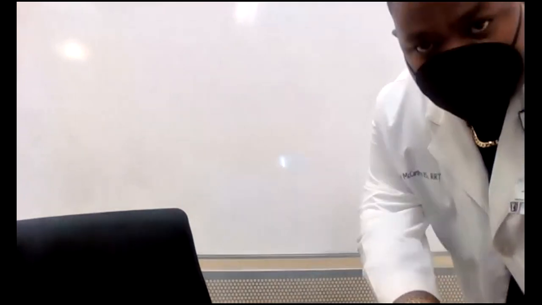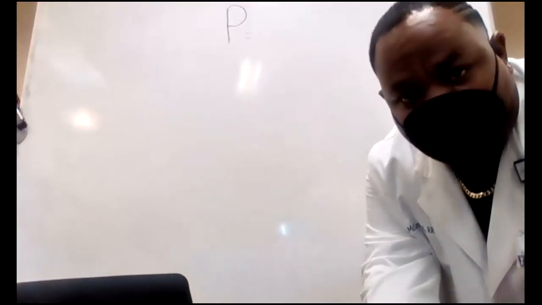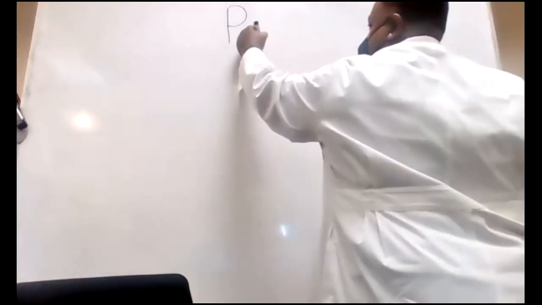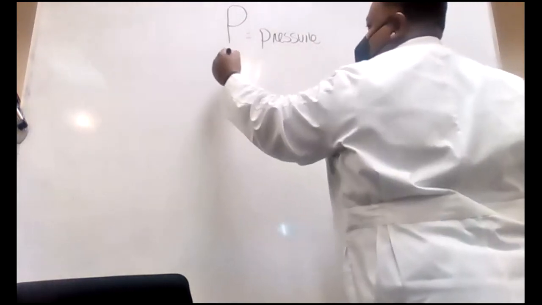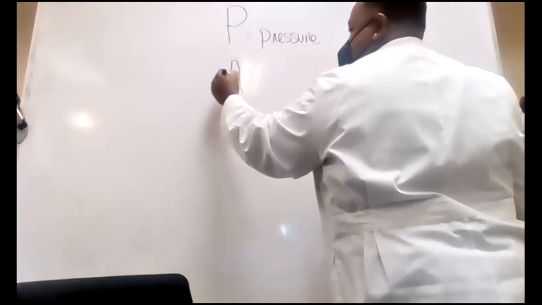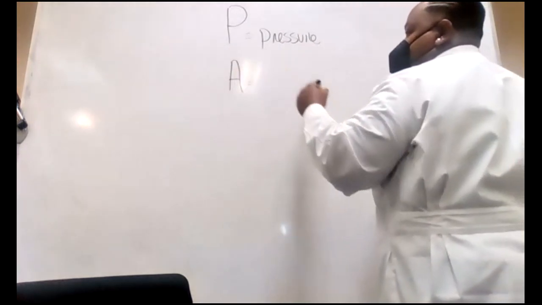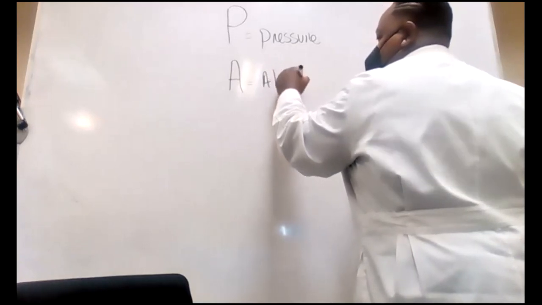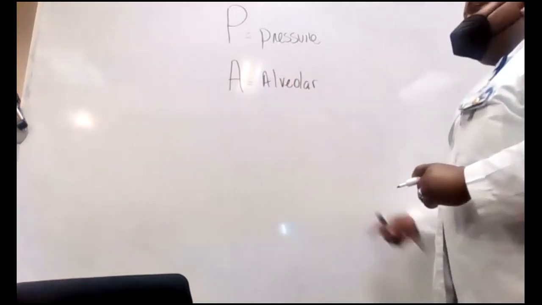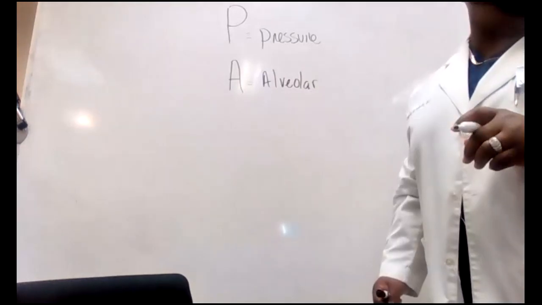P stands for what? Pressure. Big A stands for alveolar. And the alveolus is the little air sacs in the lungs.